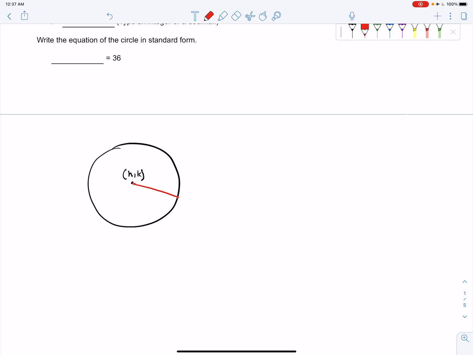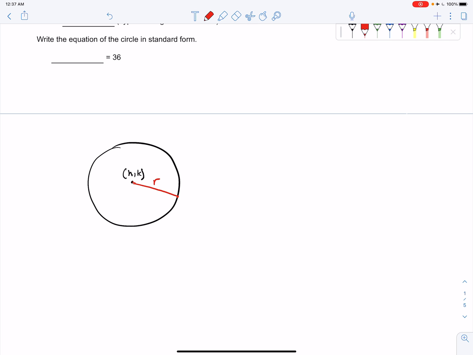So if you have this center point and you pulled out a string and you ran around the circle, you would have a circle, right? And that circle has a radius r. Okay, so that's our basic definition of a circle: if you pull the string from the center out to any point on the edge of that circle, it would have that same radius r.